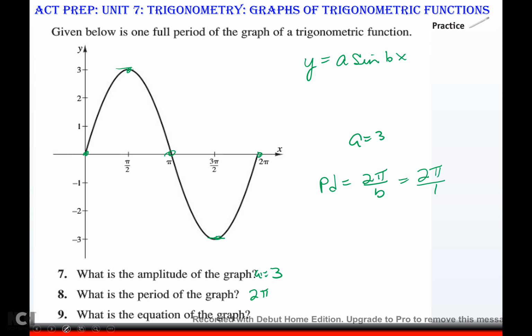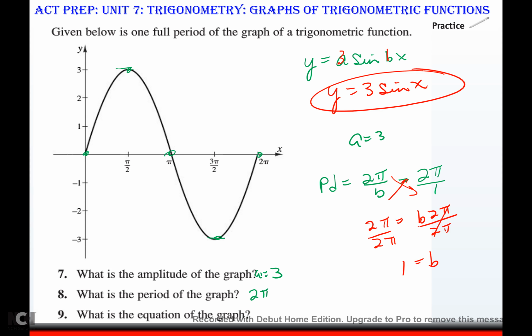So if I solve this little proportion here, I got 2 pi equals b times 2 pi. To get b alone, divide by 2 pi, and b has to be 1. So I put 3 here and 1 here, which makes my equation y equals 3 sine x. Okay?